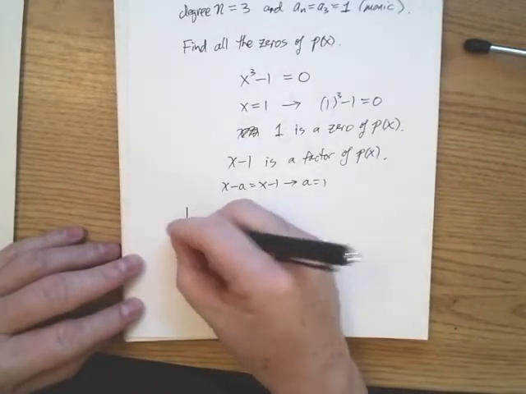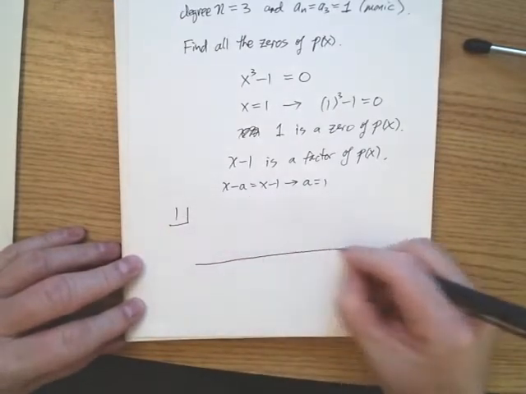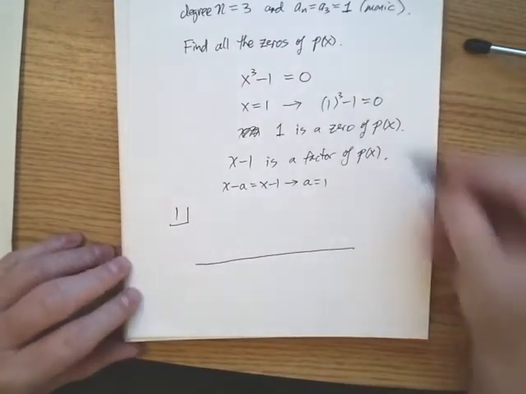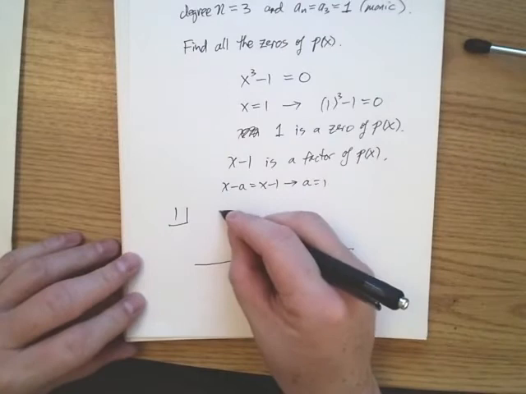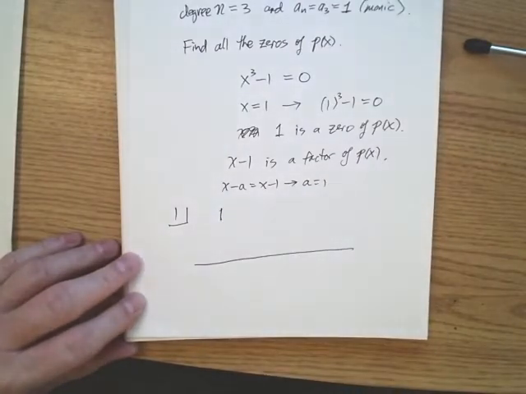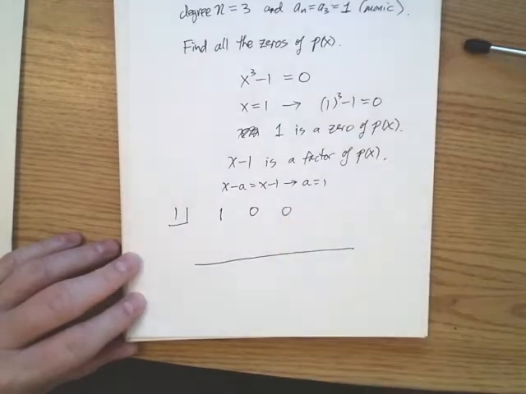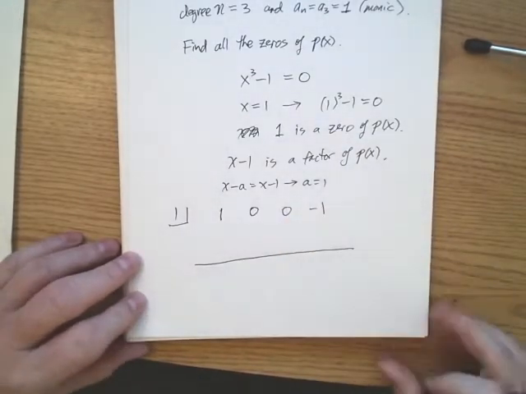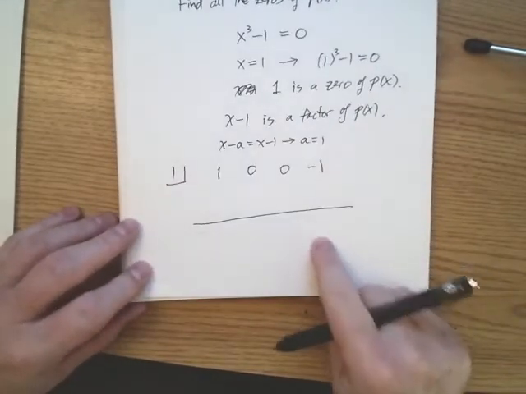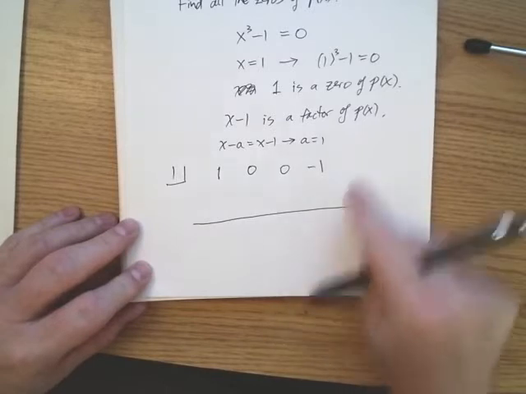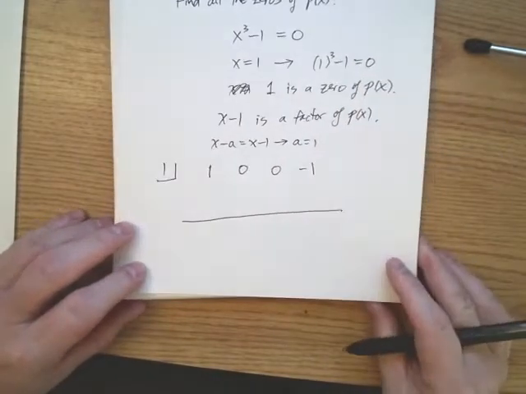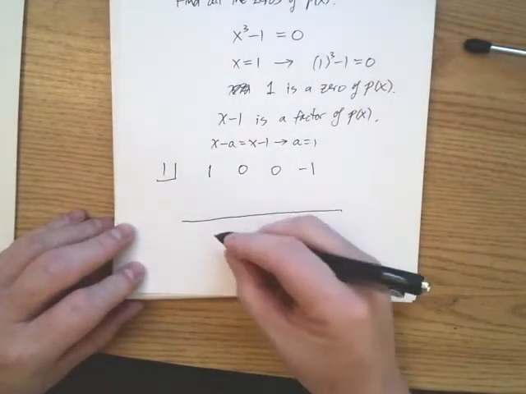So my zero goes right up there, performing this synthetic division. My p of x, remember, you have to include missing terms. That's 1x cubed, 0x squared, 0x, and minus 1. Now remember, down here at the end I would get the remainder. That remainder better be 0 if I do everything right. Okay, let's bring down the 1.